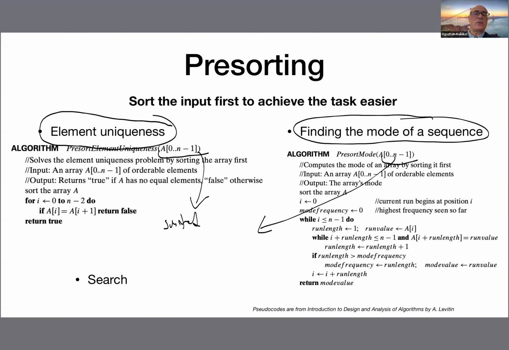Because that simplification helps you to solve your problem more efficiently. You see, the input instance is not changing. The data structure for the input instance is not changing, right? But you simply, I don't want to use the word representation because you are not making a big difference in the data structure, you are just maybe reordering the sequence. You may think of it in that way.